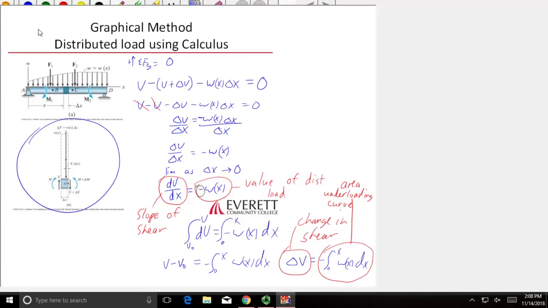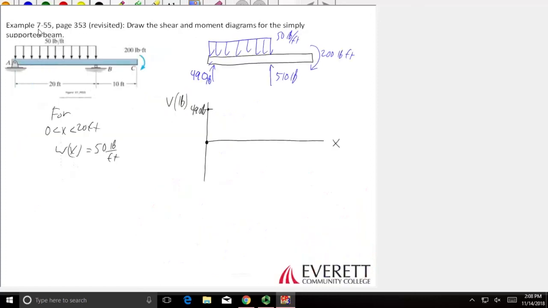We also know the change in shear is going to be equal to the area under the loading curve. So I'm going to go back over here, and I'm going to say, okay, well, the change in shear is the area under my curve. What is the area, what is this green area under the curve here? Change in shear, good. So the equation that I'm going to use is change in shear equals integral from 0 to 20 of Wx dx with a negative.